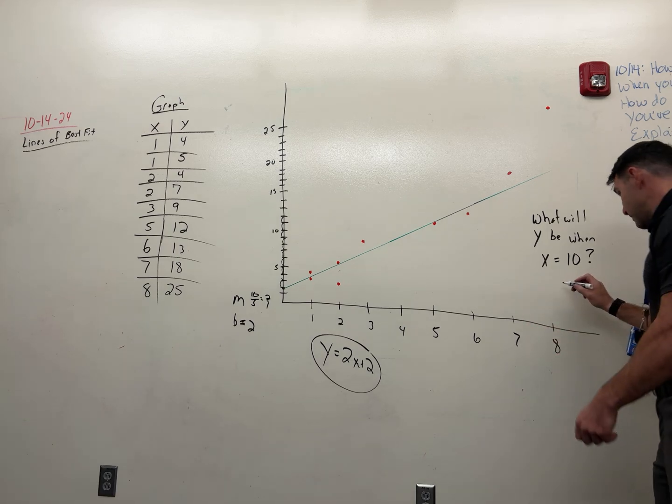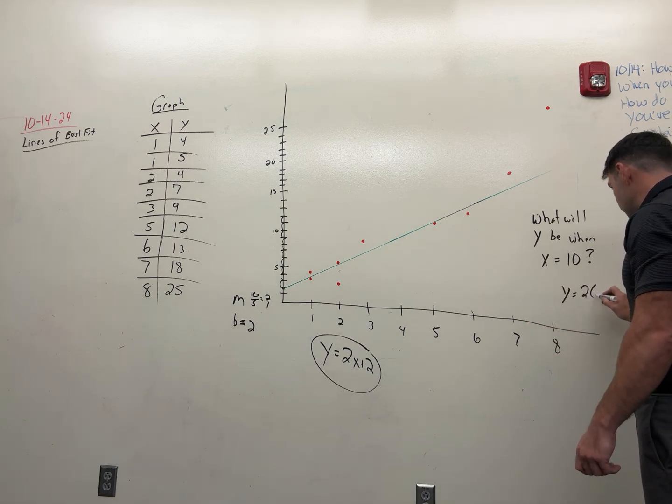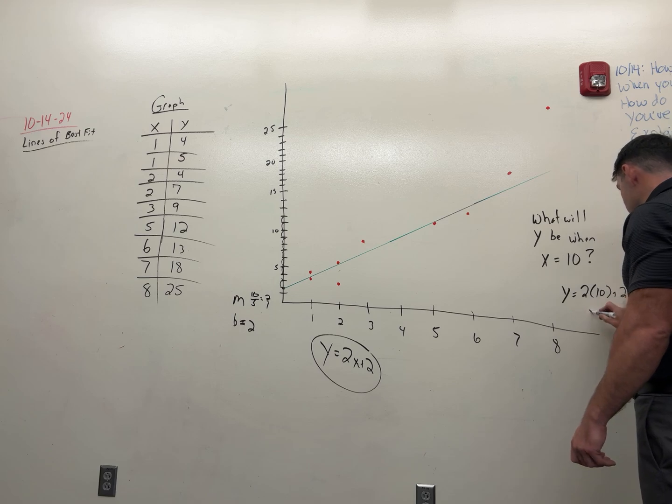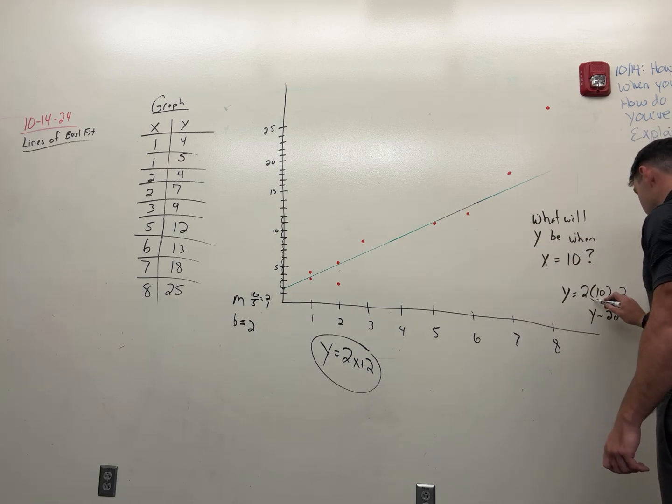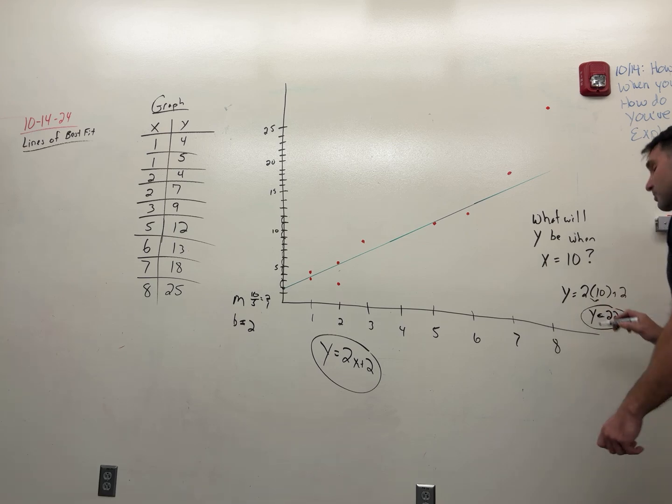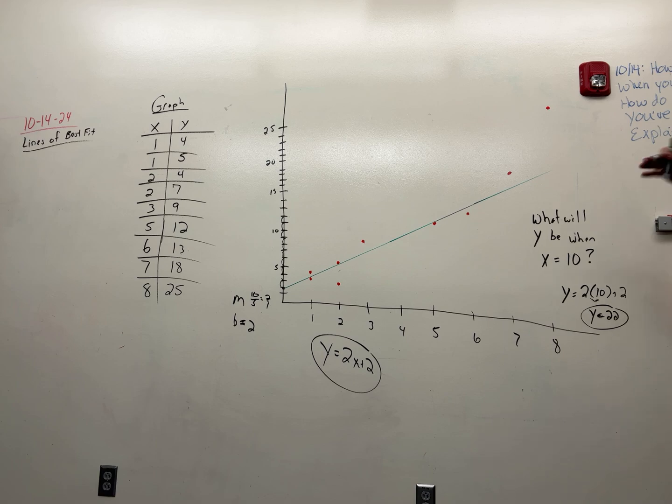We would say y equals 2 times 10 plus 2. So according to this line, y is 22 when we extrapolate. That means go past what we have. Extrapolate means what would come even though we don't know it.